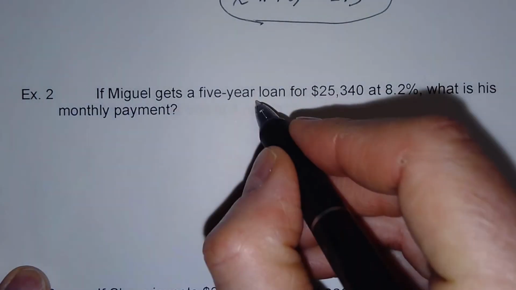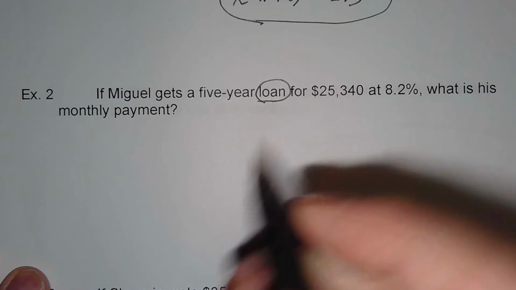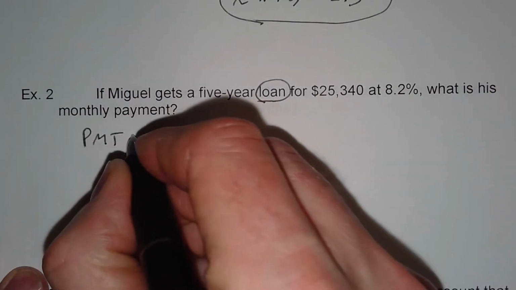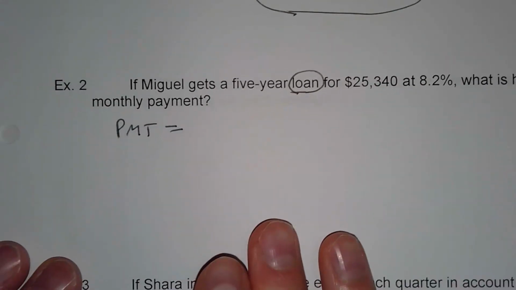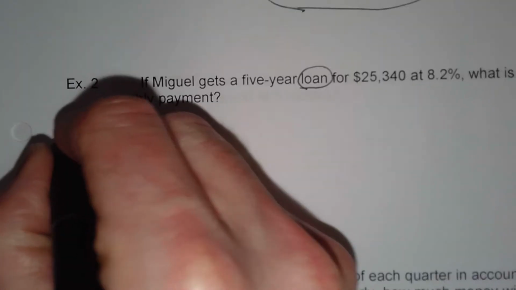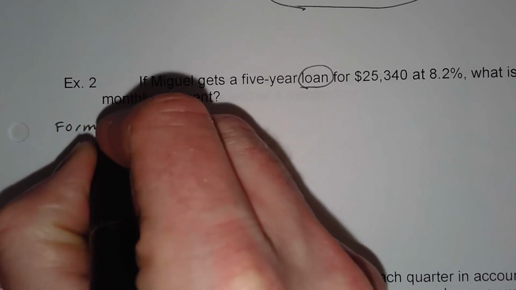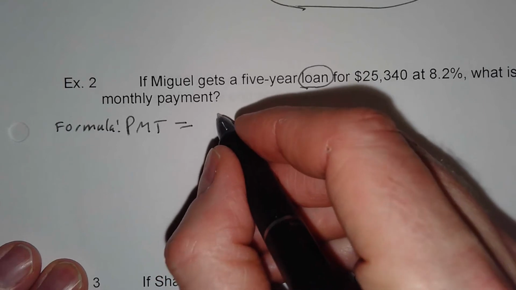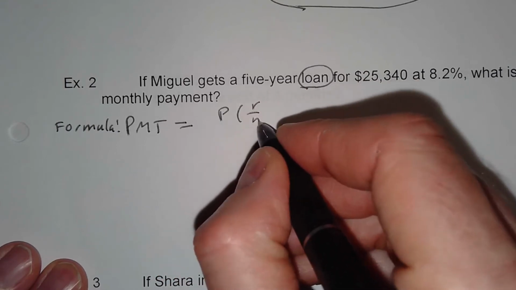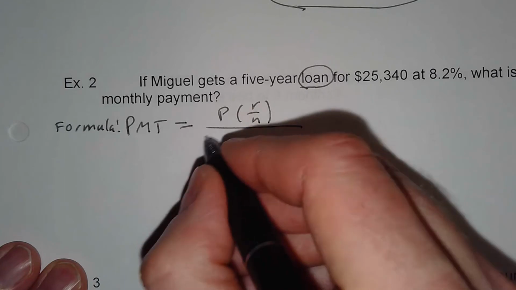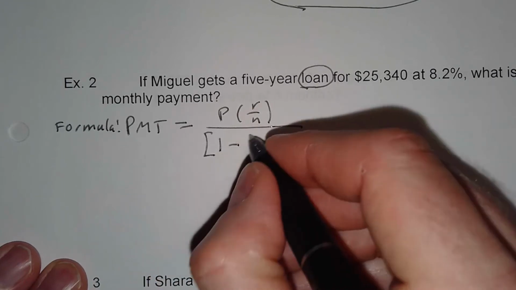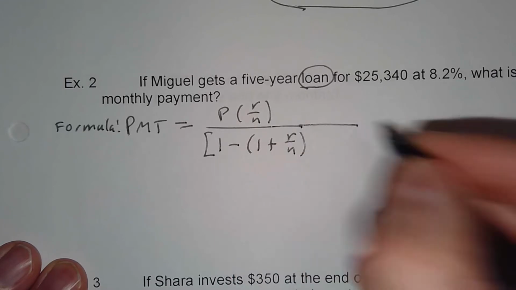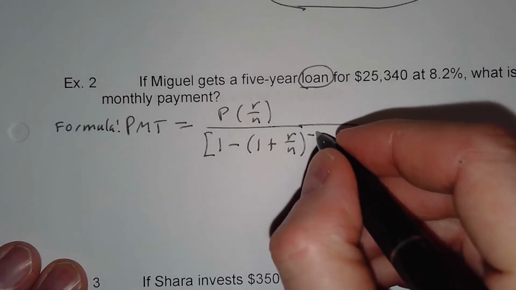And again, the key word here in this one is loan. So our formula is PMT equals P times R over N, all divided by 1 minus 1 plus R over N raised to negative NT.